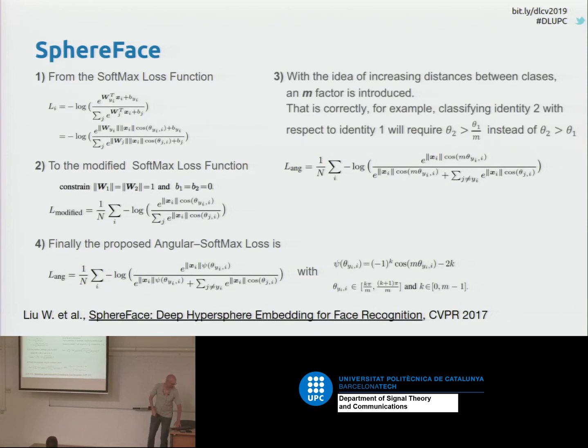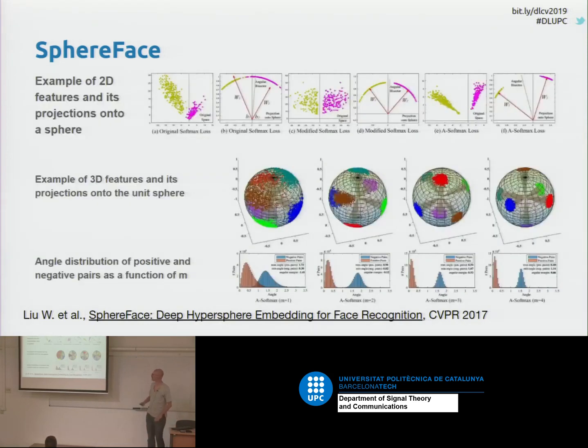With this modified angular softmax, you can make sure that the features are much more discriminative and can be separated using the angle between the features.